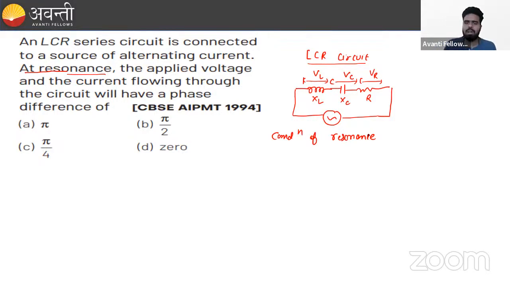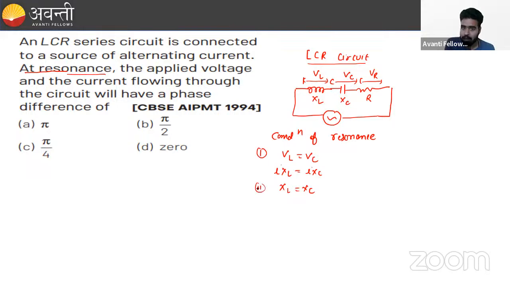Correct? So the condition of resonance: whenever it is given that VL equals VC, that is the first condition. If we write it in this manner, I into XL equals I into XC, so we can again write XL equals XC. This is the first condition.